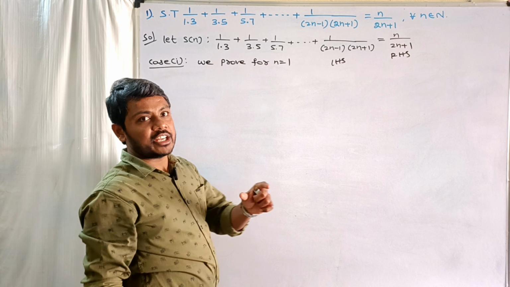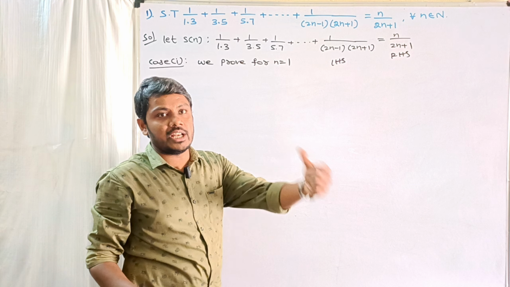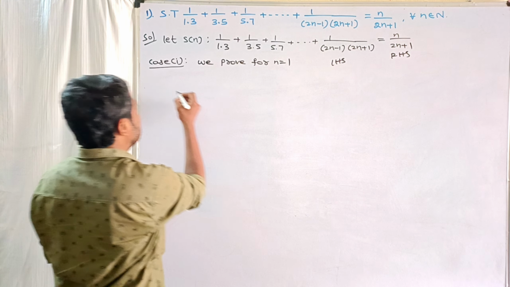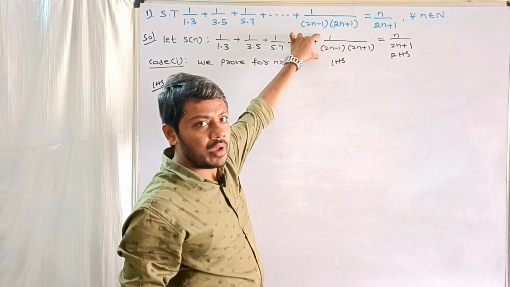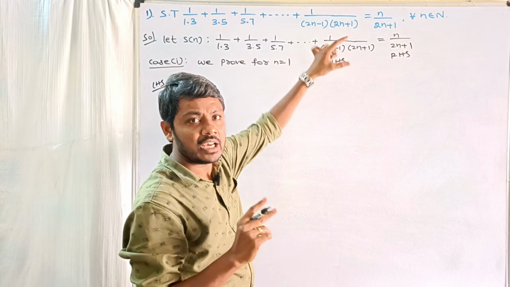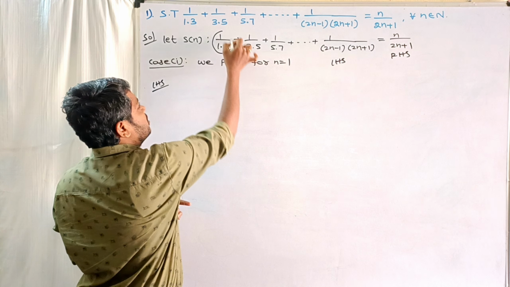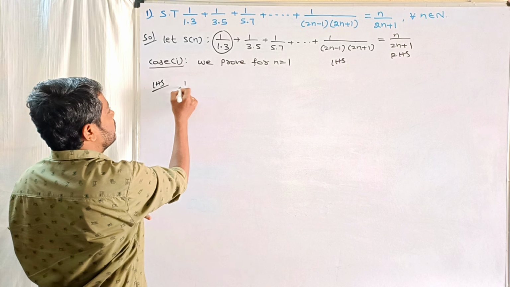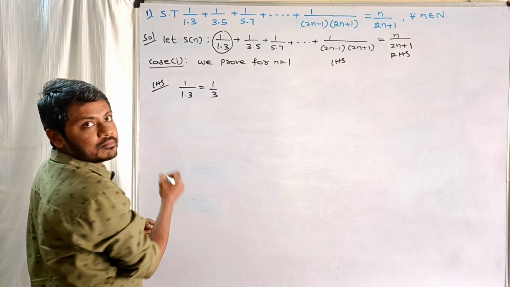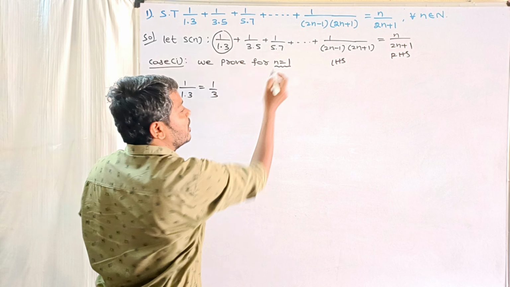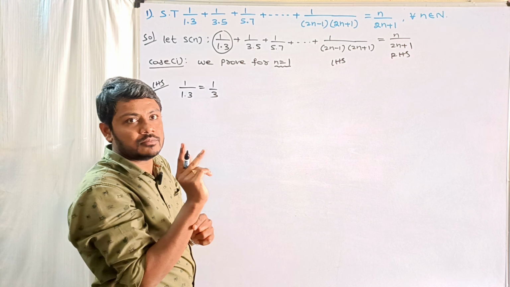Clearly we can consider LHS as well as RHS. So first, what is LHS? We can take the nth term and substitute n is equals to 1. Otherwise you can take only the first term, that is 1 by 1 into 3, which is equals to 1 by 3. Here n is equals to 1 means only the first term.